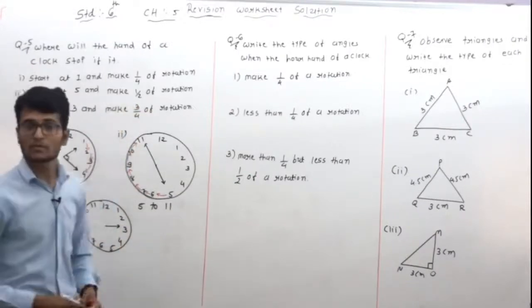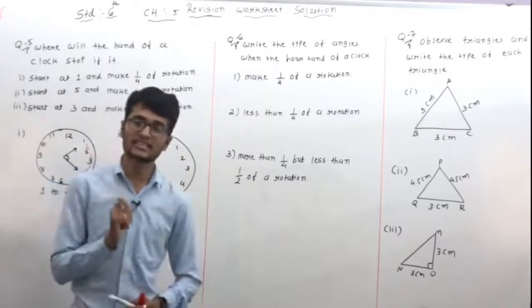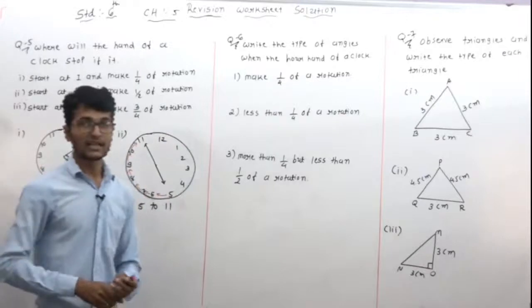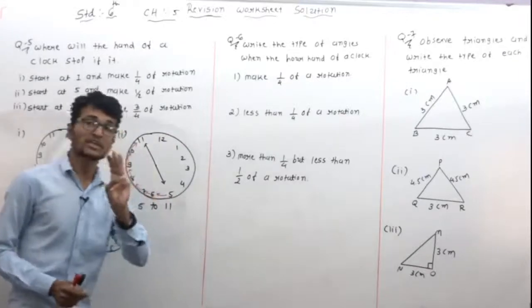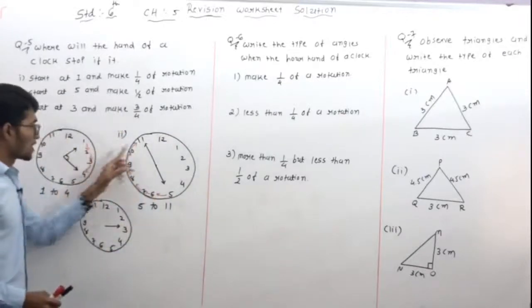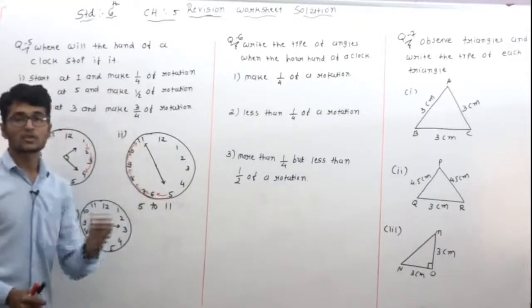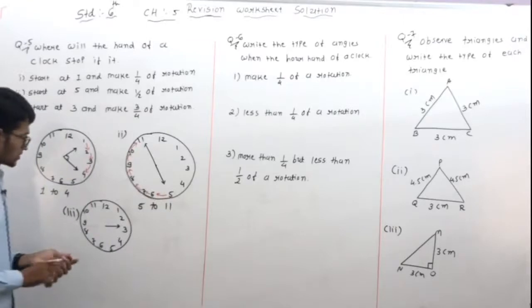What do we mean by 3/4? 3/4 means 270 degrees. If 90 means 3 distances, 180 means 6 distances, so 270 means a total of 9 distances.